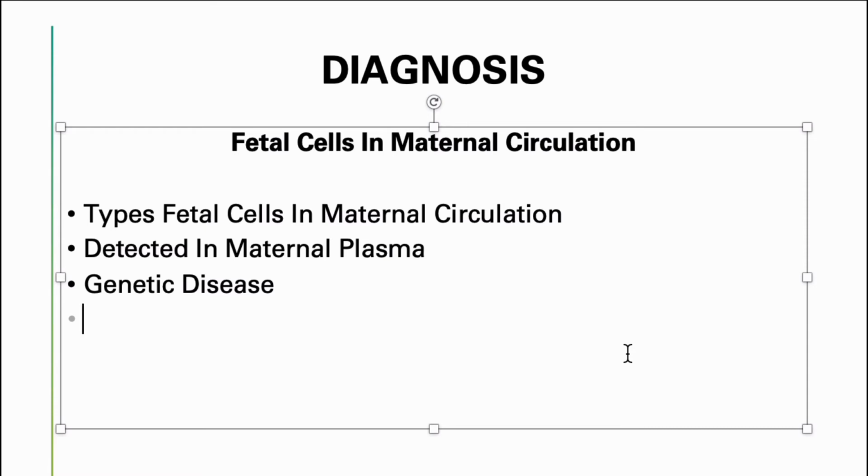Now, what type of fetal cells do we find in maternal circulation? There are placental cells, white blood cells, and immature red blood cells, along with their nuclei, present in the maternal blood.